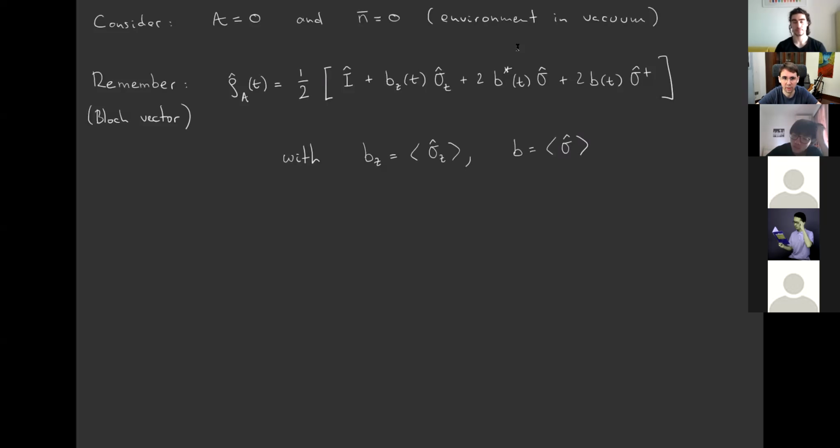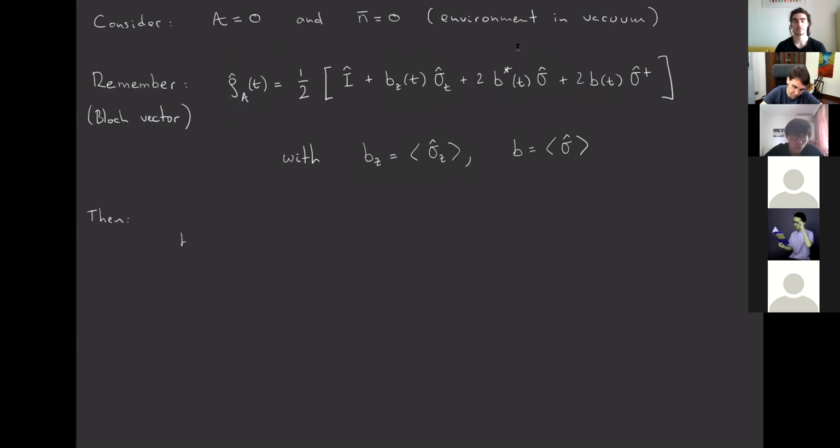So if I ask you now how a state evolves, what I am asking is to find the Bloch equations, the evolution equations for these coefficients. But these coefficients are expectation values, and we have just seen, in the first part of the lecture, how to find evolution equations for expectation values from the master equation. So let's do that.